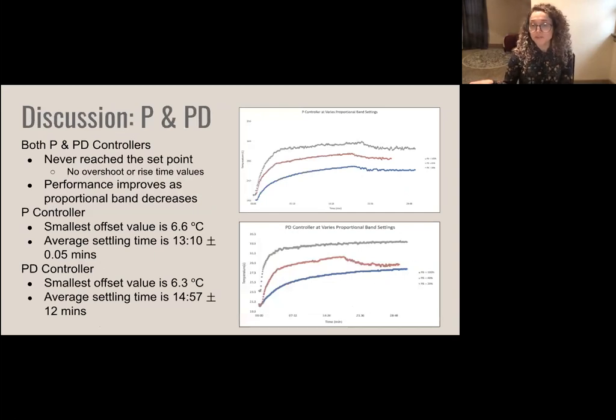On to our discussion. So here you have it, okay? The P controller trials get to a minimum offset value of 6.6 degrees Celsius, and the minimum for the PD was 6.3 degrees Celsius. The average settling time for the P controller was 13 minutes, 10 seconds, plus or minus 0.5 seconds, or I'm sorry, minutes.